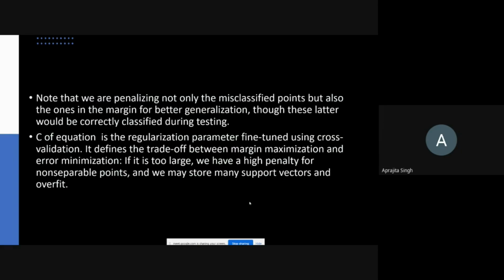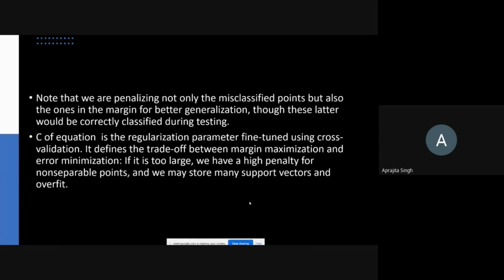Note that we are penalizing not only the misclassified points but also the ones in the margin for better generalization, though these latter would be correctly classified during testing. C in the equation is the regularization parameter, or called the soft error, to fine tune your classification.